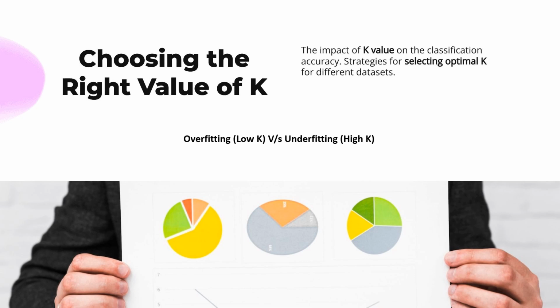Elbow method. Plot the error rate against different K values to identify an elbow point, where the error rate stabilizes or starts to increase. This can be a good indicator of an optimal K. Grid search. For more automated approaches, use a grid search technique to find the best K value.